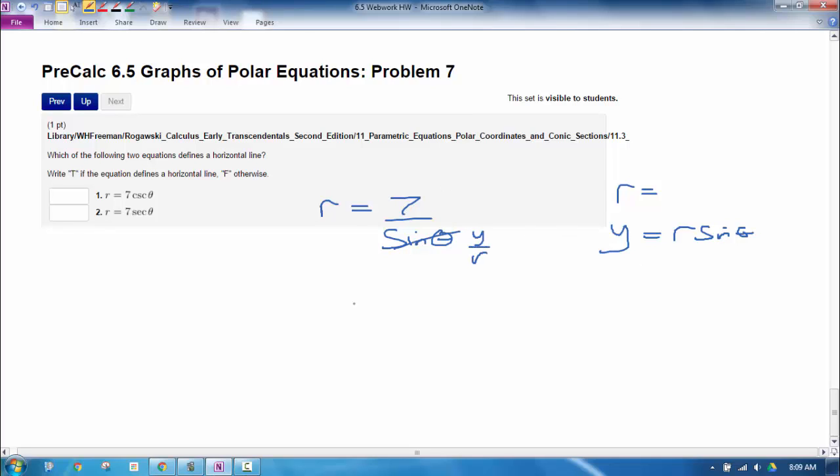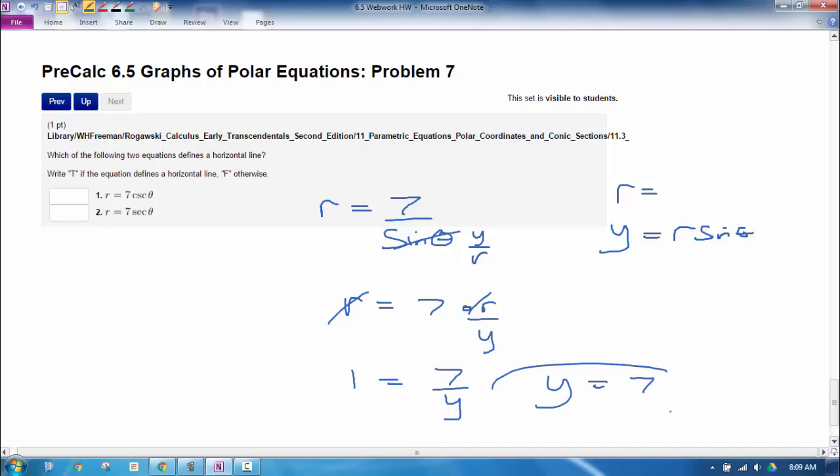So I'm going to replace this with y over r, and I'm going to multiply by the reciprocal instead. So I'm going to multiply by r over y. The r's can cancel, leaving me with 1 equals 7 over y. Multiply both sides by y, and I get y equals 7. So there's our horizontal line. Y equals 7, we know, is just this horizontal line up here.